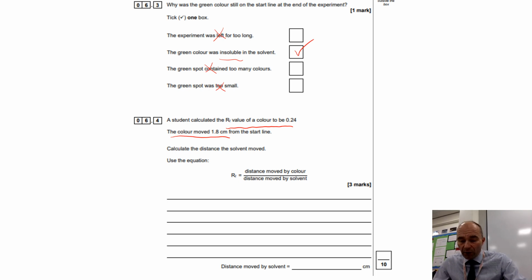Now your first mark is just going to be for substituting in your numbers correctly. We're given the RF value of 0.24. Distance moved by colour, that is 1.8 centimetres, and we're going to work out what's the distance moved by the solvent. That will be x. We just get a mark for putting numbers in like that.